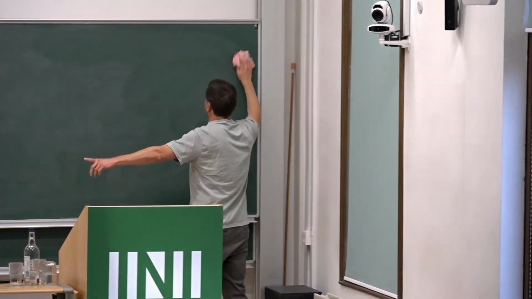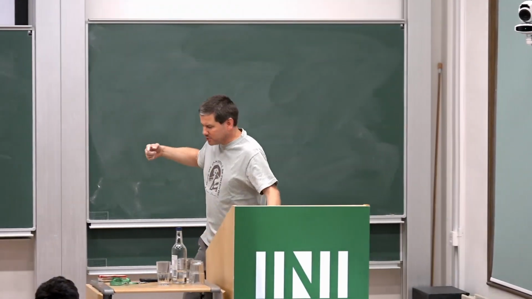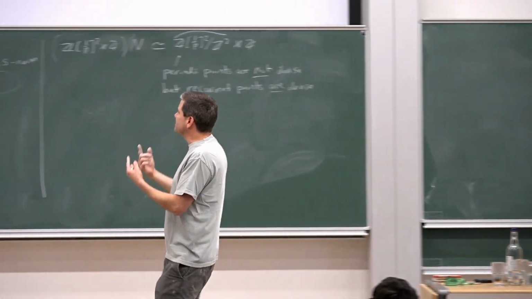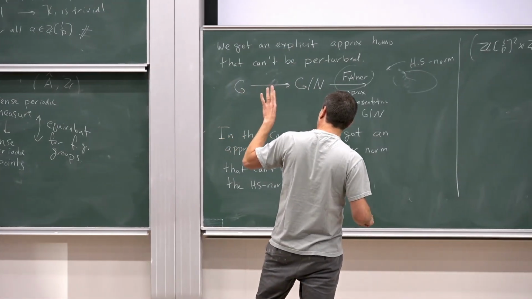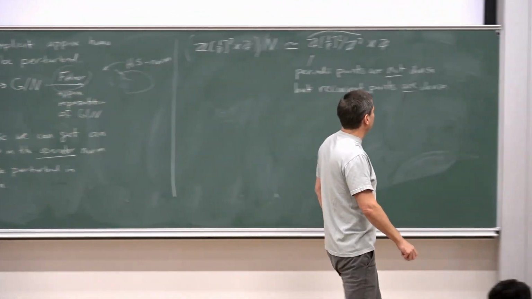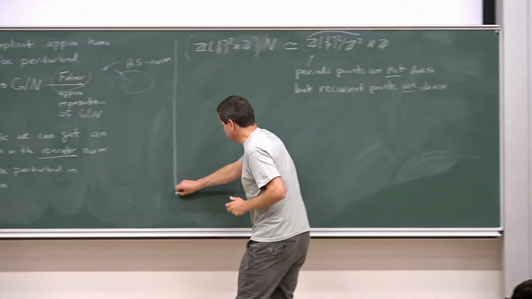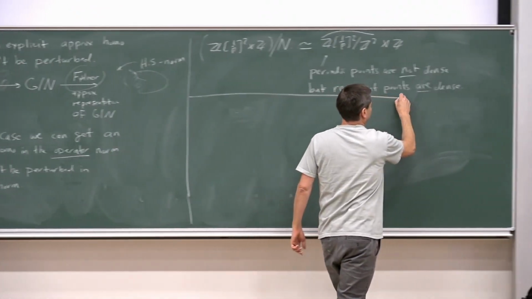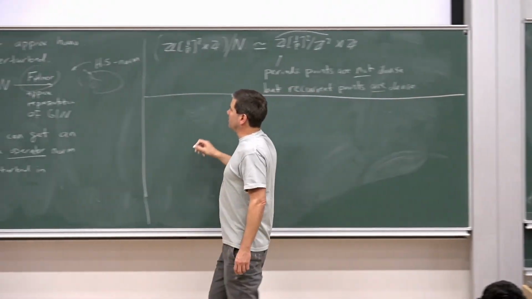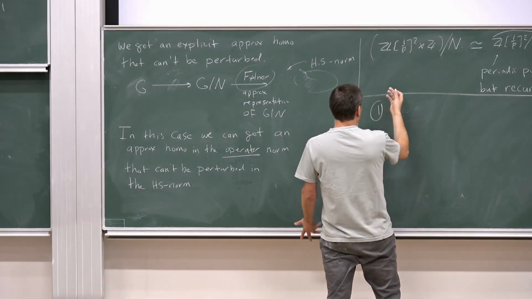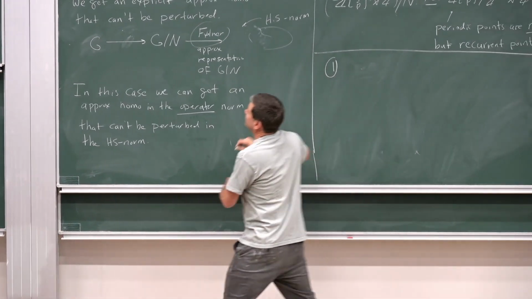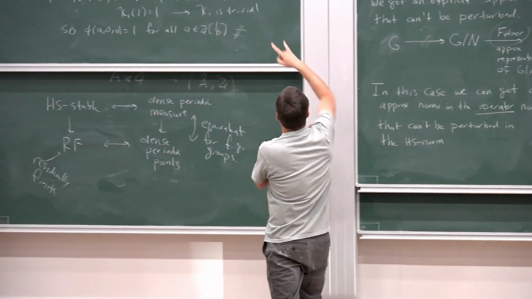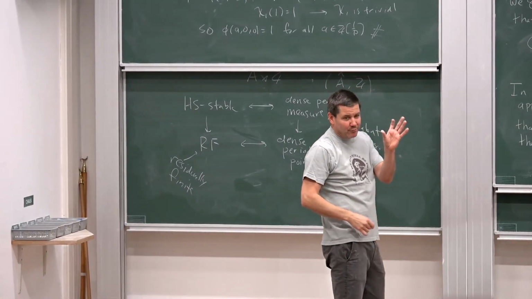Okay, so just with this, once we start embedding things, it's easy to see what needs to be kept track of to build more non-examples from this one example. So 1. I know this 1 doesn't mean anything, but I just have to write it. Let's say I take this picture, this G, and I embed it into a bigger group so that N remains normal.